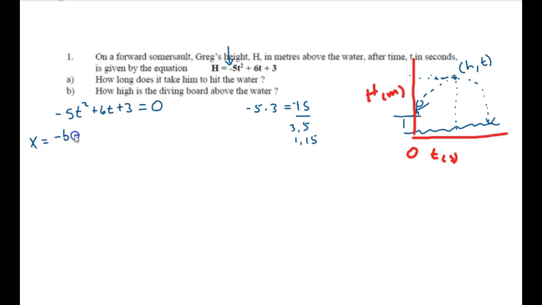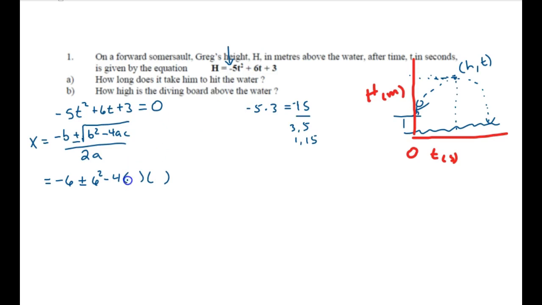So negative b plus or minus the square root of b squared subtract 4ac, all over 2a. So negative 6, my b value is 6. 4 times a times c.